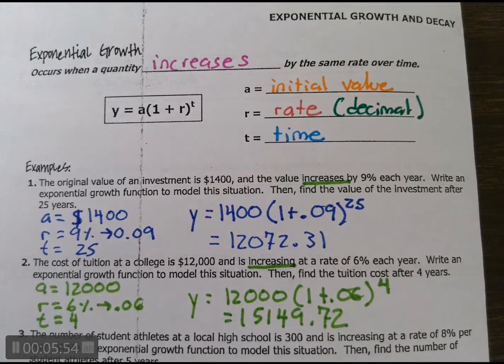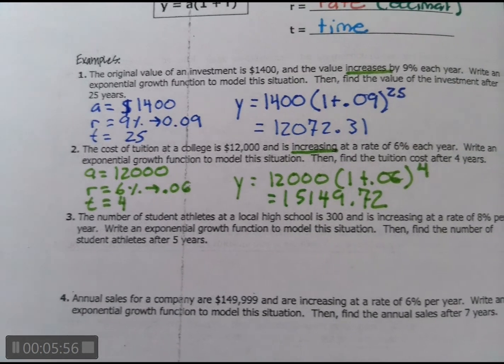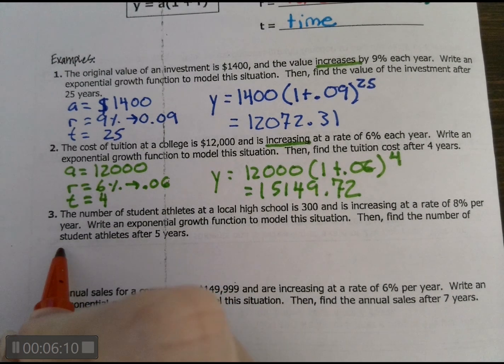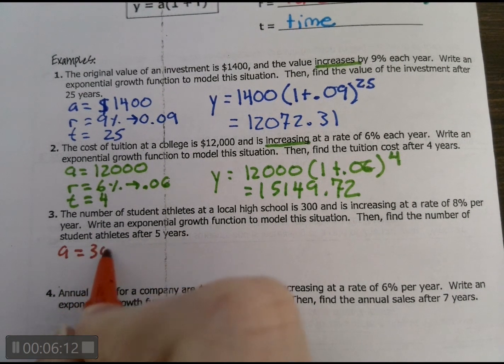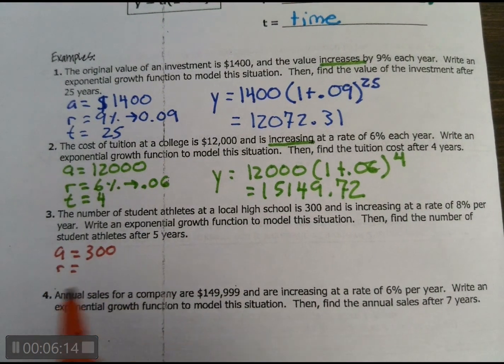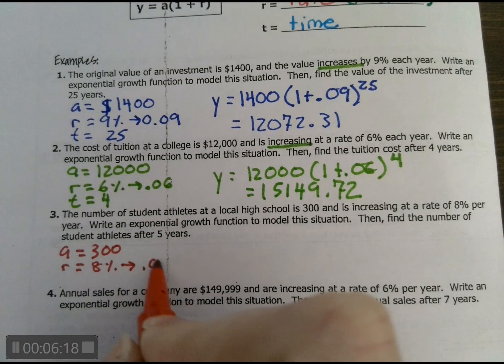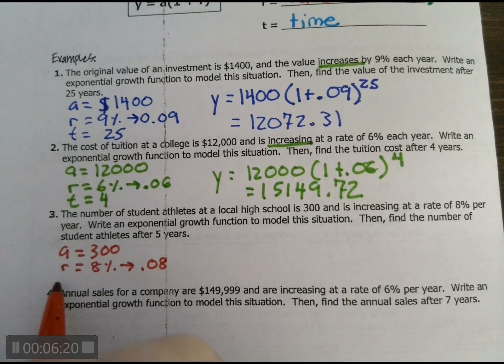Good. Alrighty. And then for number 3, the number of student athletes at a local high school is 300 and is increasing at a rate of 8% per year. Write an exponential function. Find the number of student athletes after 5 years. So our A is 300. Our R is 8%, which turns into 0.08.